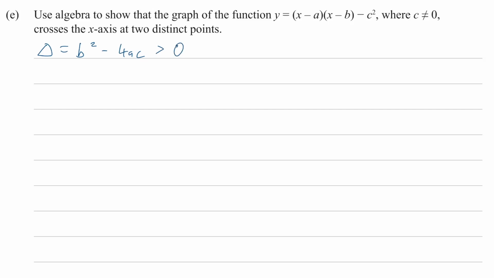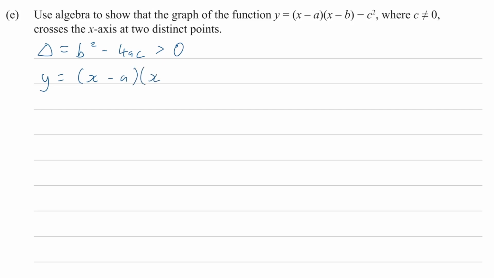So if we can characterize that or show that, then we've shown that this quadratic has two distinct roots. So to use the discriminant, we need it to be in general form. Right now it's in factored form. So it's factorized, but then it's shifted a bit. So let's expand and group like terms.